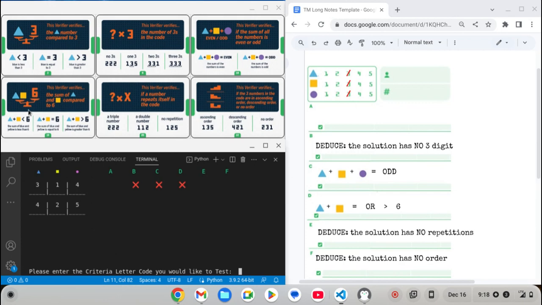Well, the whole reason was let's retest criteria card D and confirm that the sum is 6. Okay, yes, that is correct. So let's go ahead and cross out the greater than portion in our notes. And because we have a sum of 6, that does mean that there are no 1s and or 5s in triangle or square.